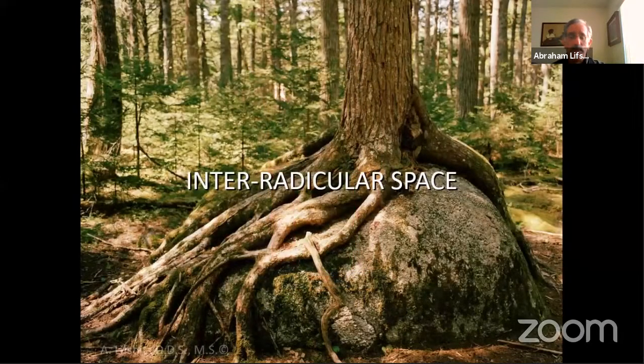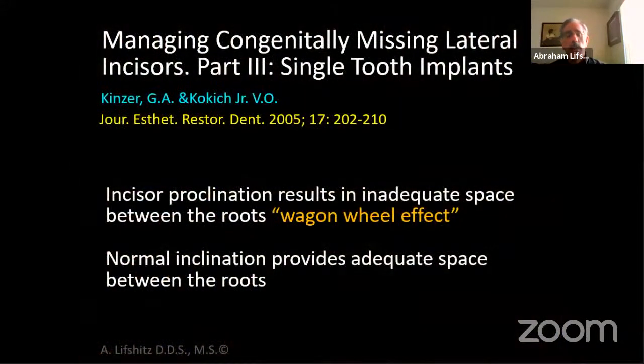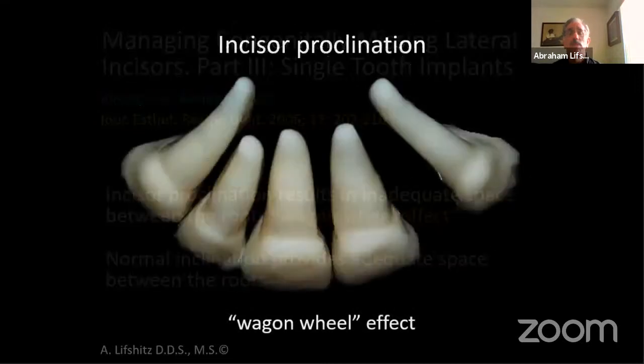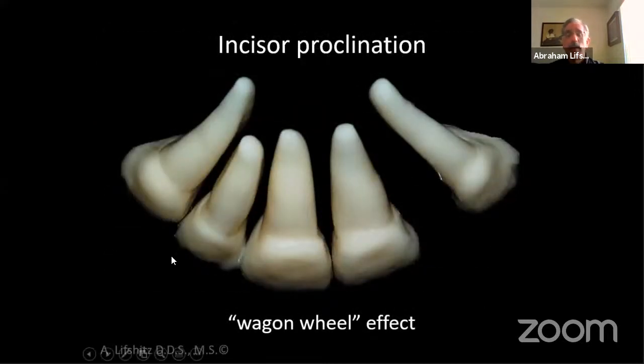What about the interradicular space? Incisor proclination results in an inadequate space between the roots, having the wagon wheel effect. Normal inclination provides adequate space between the roots. For example, we have the 6 anteriors, and we're leaving a space for the lateral crown. So this is enough space for the lateral crown.